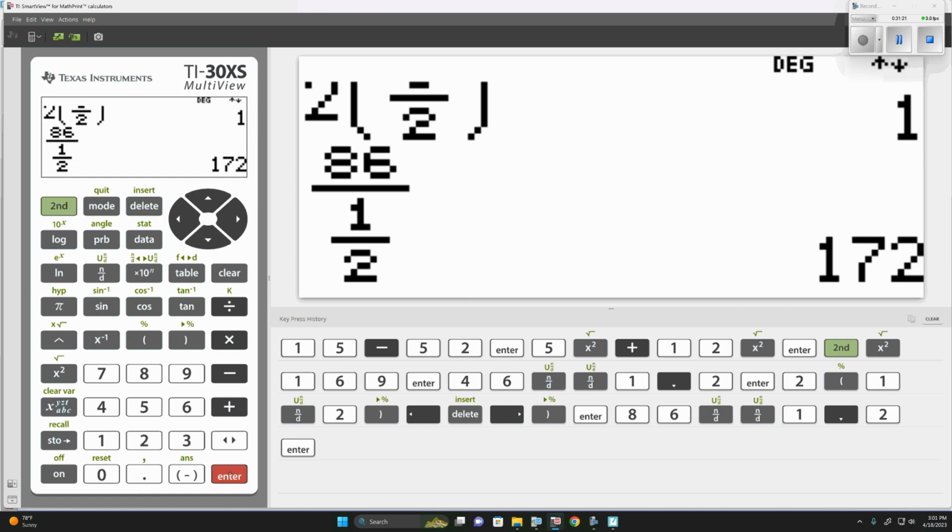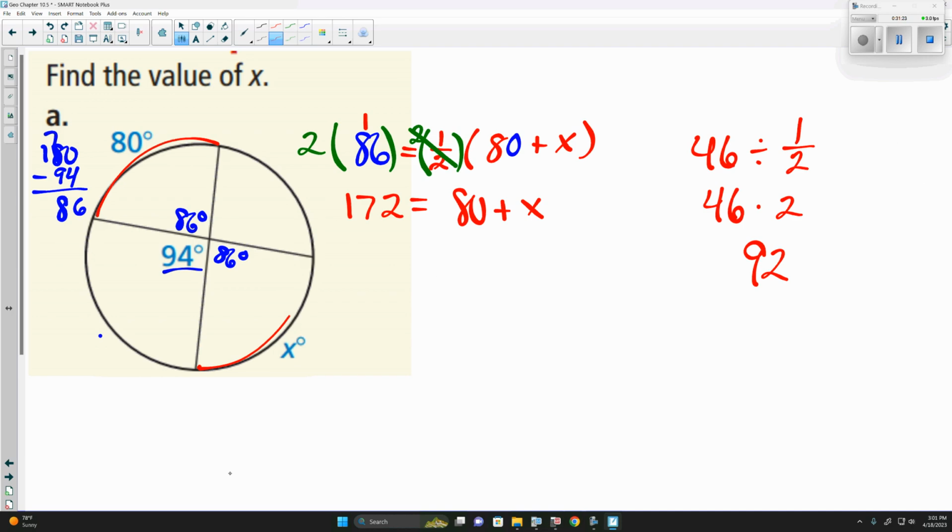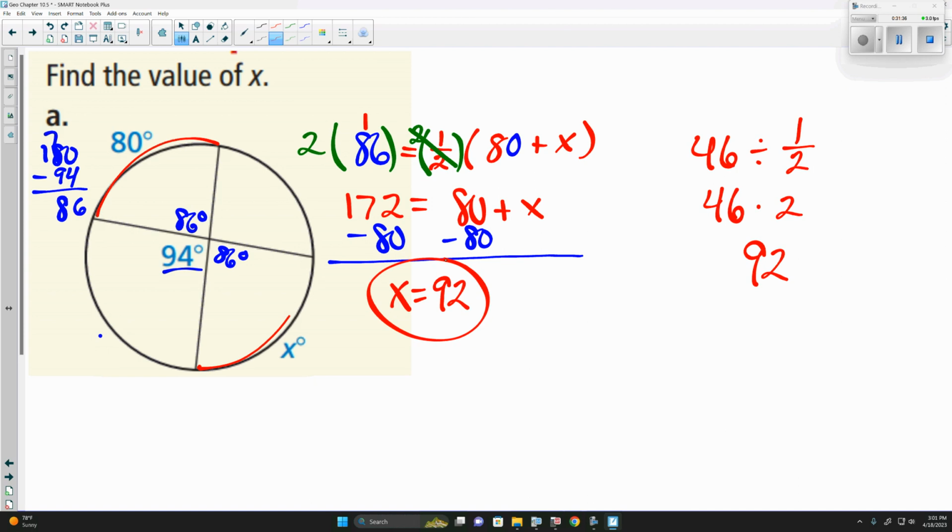We get the same thing. So what do we need to do to get x by itself? So it works out to be the exact same thing. So there are 2 different ways to do it.